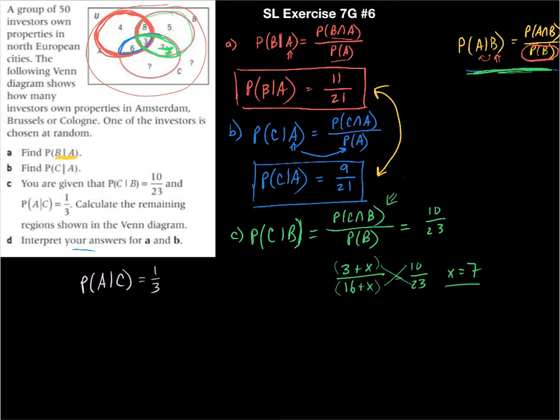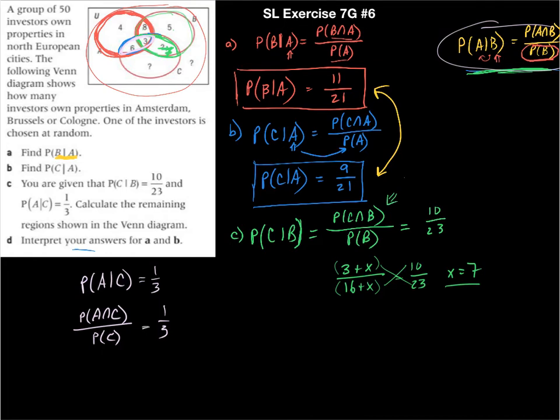Again, we're going to do the same thing. We're going to try to put it into our formula up here at the top right hand. So that is the probability of A and C all over the probability of C, which needs to equal 1/3. We look at the A and C overlap, which is right here. So that's 9.